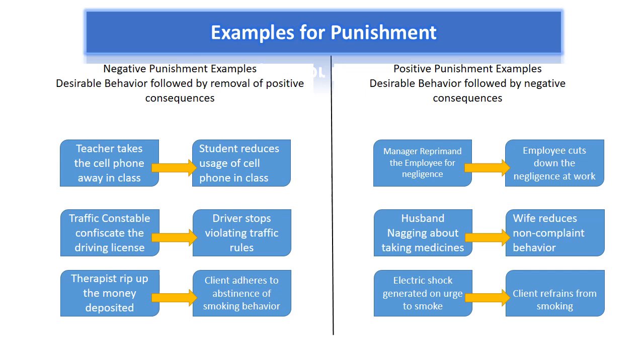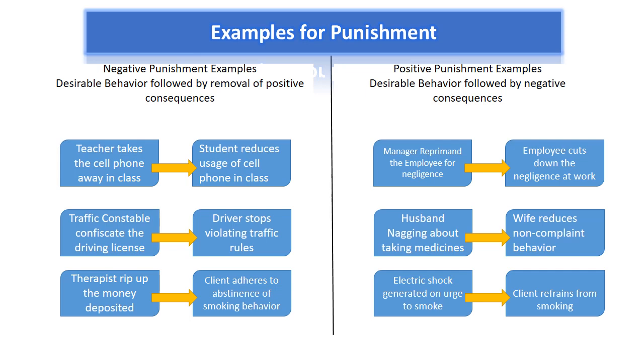Whenever the client is not adhering to the abstinence from smoking, the therapist rips up the money deposited by the individual. And as a result, the client stops the non-compliance with the regime and continues to follow the regime.